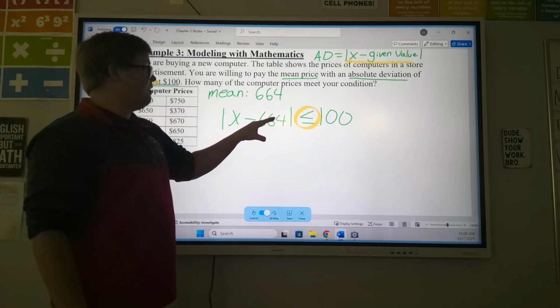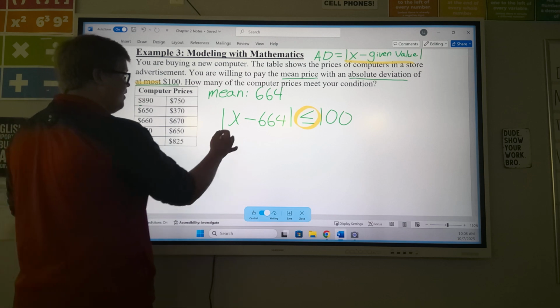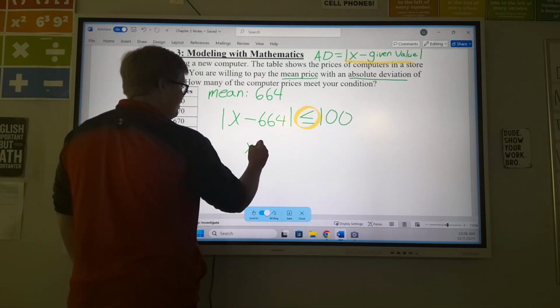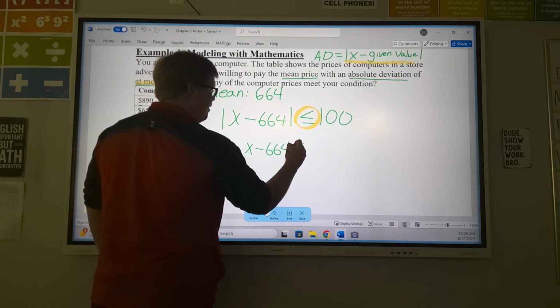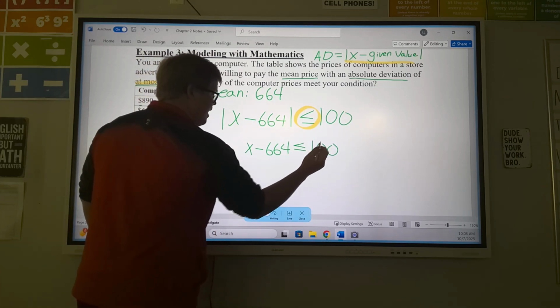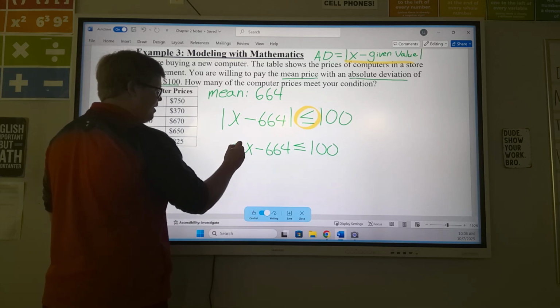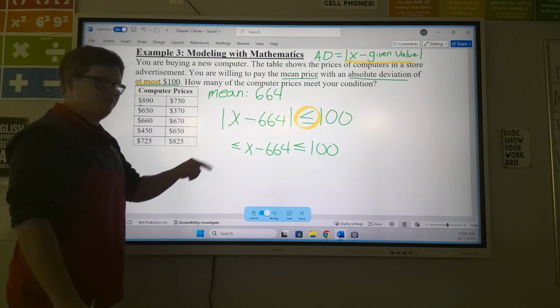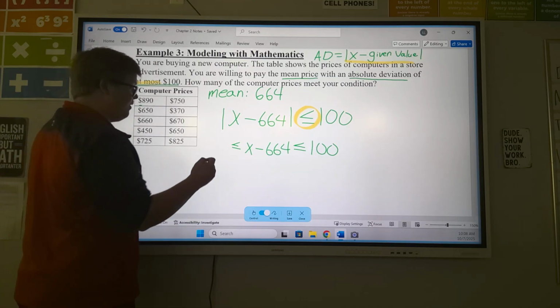If it's an and, we can actually solve them both at the exact same time. So let's put our absolute value in the middle. We have x minus 664. We're going to copy our equation. Now, all we have to do is take this sign and put it right here, the exact same way. See how these two signs are the same? Now, we have to change our 100 to its opposite, which is a negative 100.